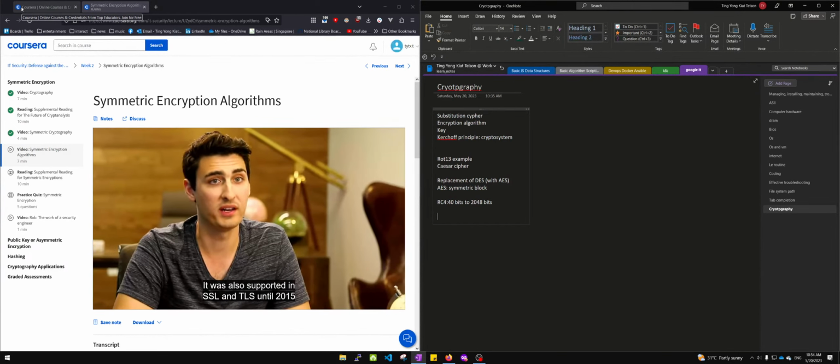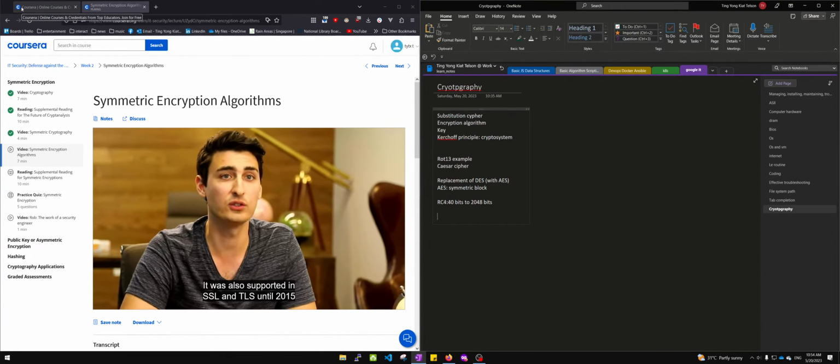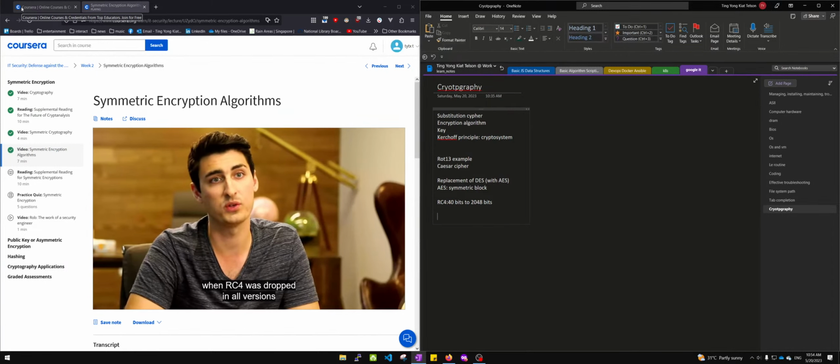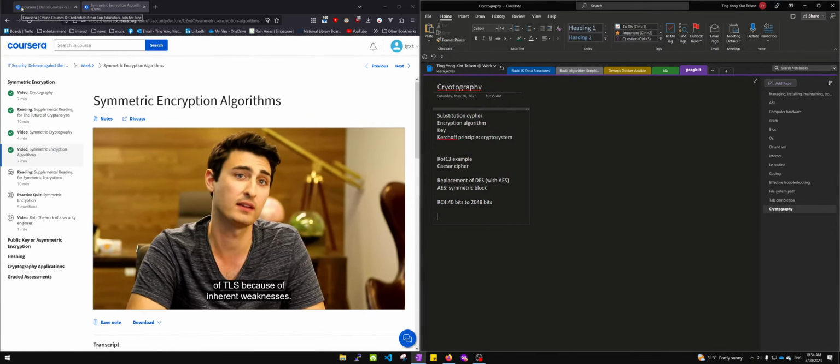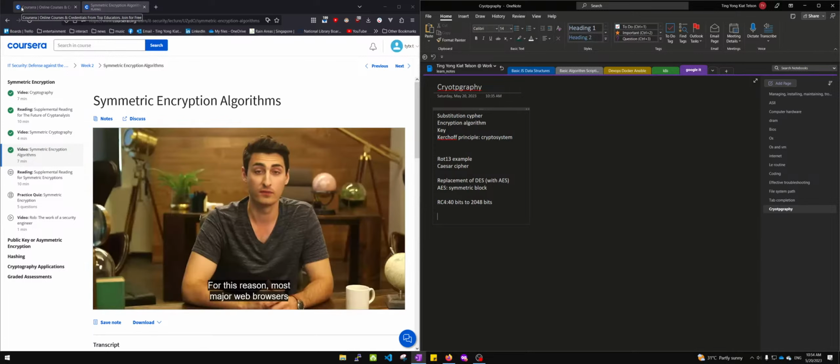It was also supported in SSL and TLS until 2015, when RC4 was dropped in all versions of TLS because of inherent weaknesses. For this reason, most major web browsers have dropped support for RC4 entirely, along with all versions of SSL, and use TLS instead.